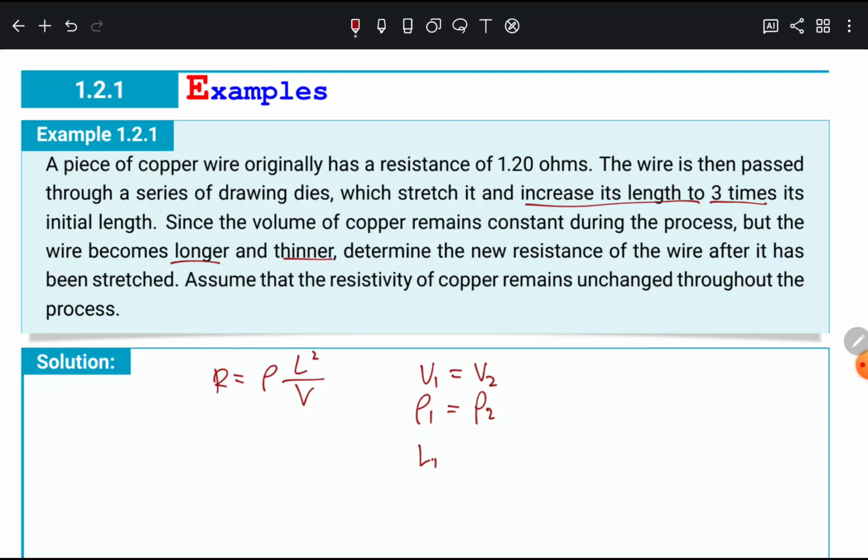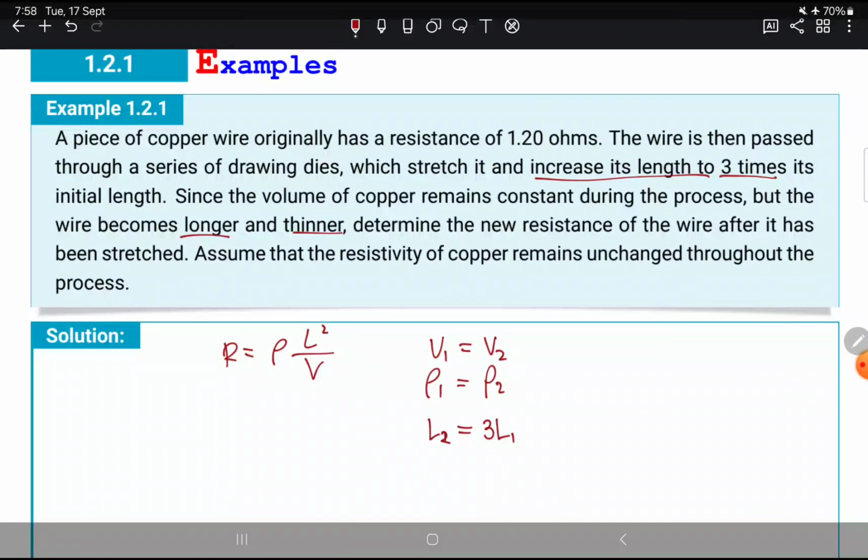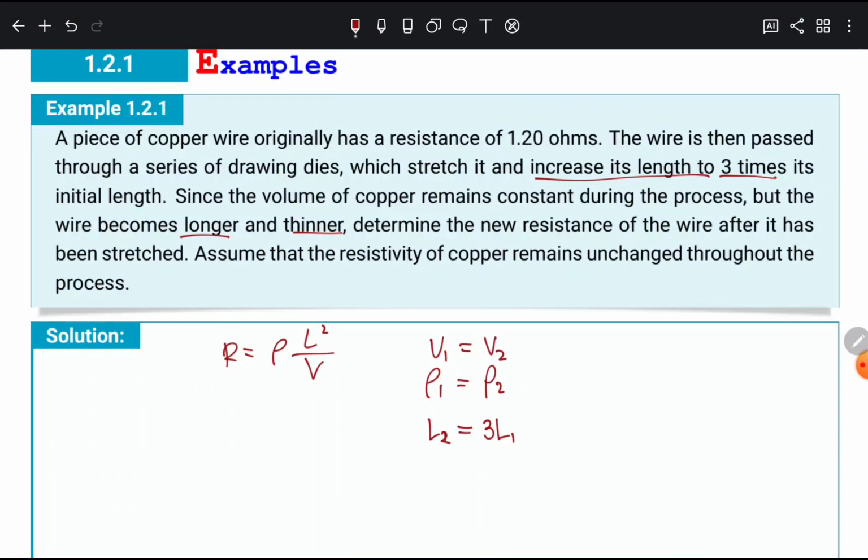So the new length L2 will be increased to 3 times its initial length. The initial length is L1, so L2 will be 3 times that initial length, 3L1. So these are the conditions that we will be using to solve for the new resistance.